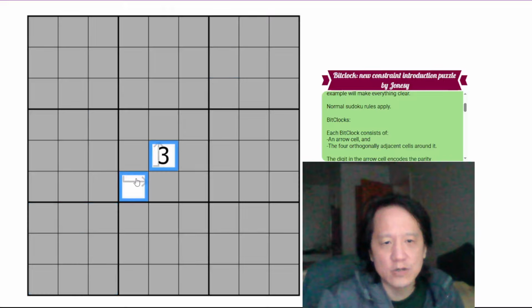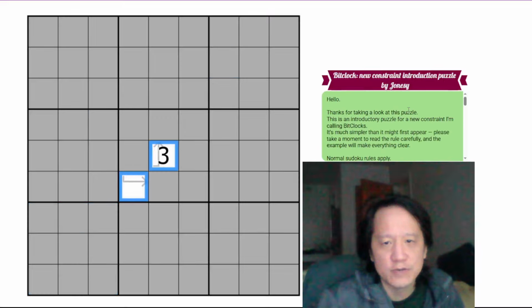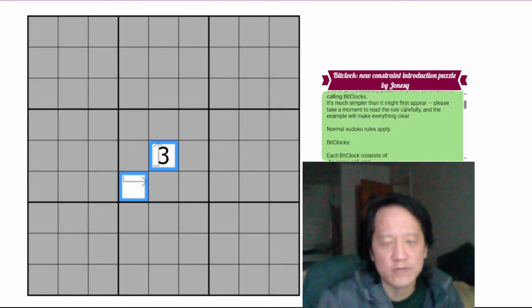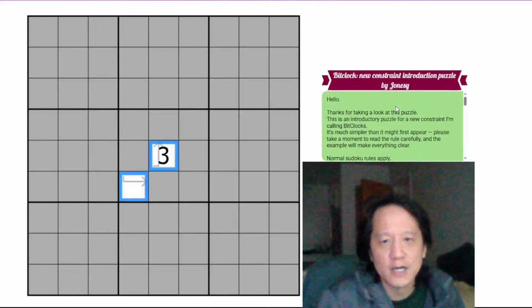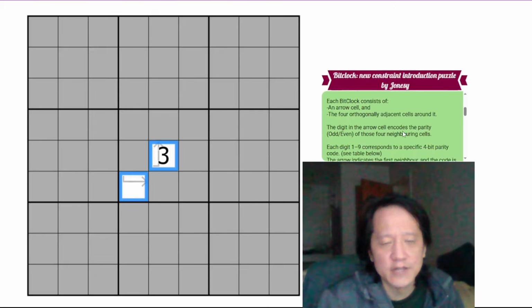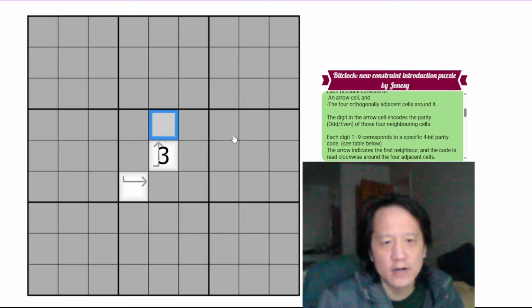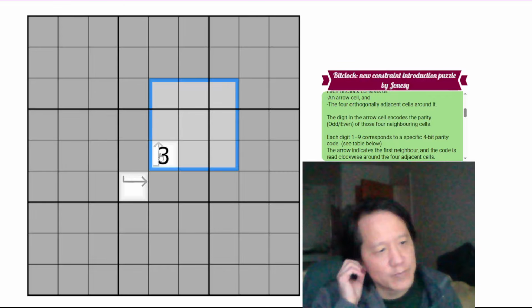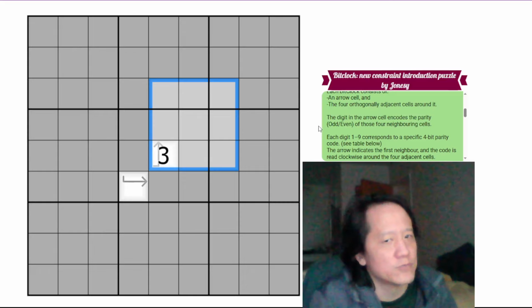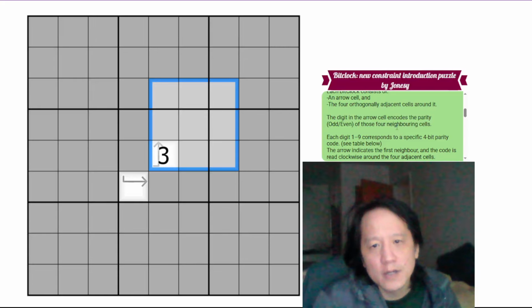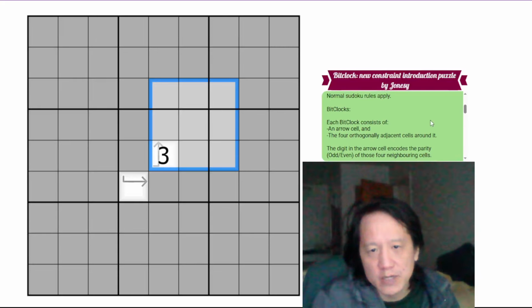I'm not sure if it's dynamic or typical fog of war, I should say. With fog of war, you might be able to clear some cells in the fog. It just depends on the type of fog of war it is. Anyways, let's get to Bitclocks.